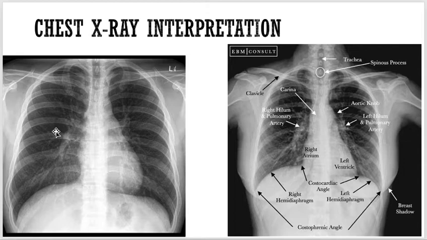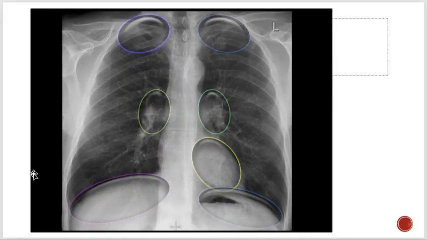Now, there are some areas which we call review areas. Always look at the costophrenic angles here and here. Always look at the two apices.